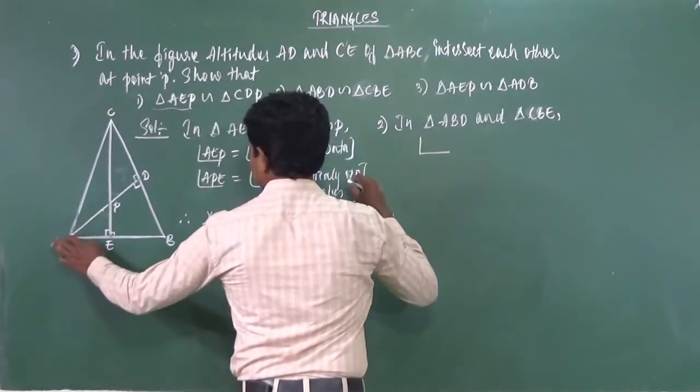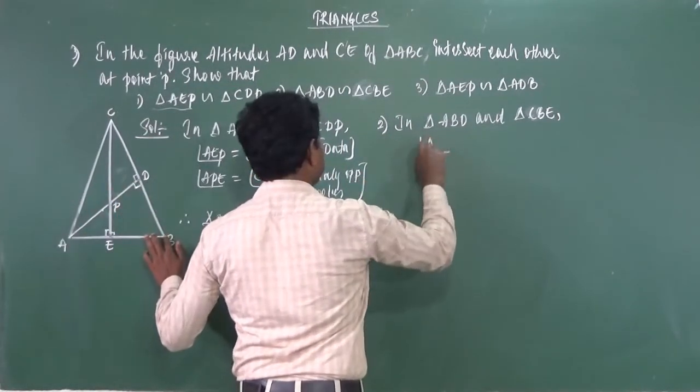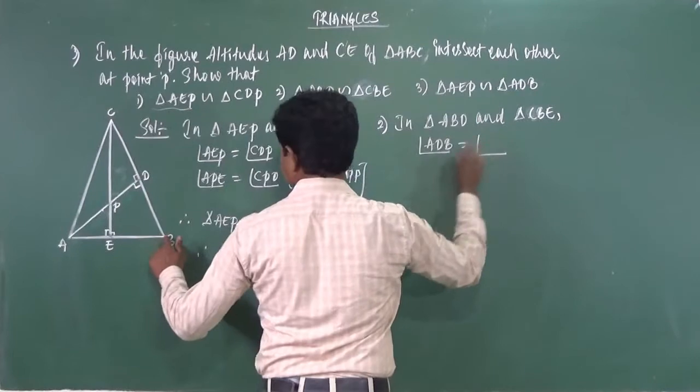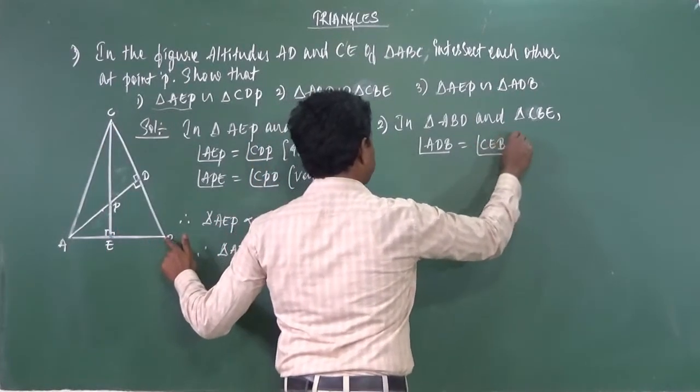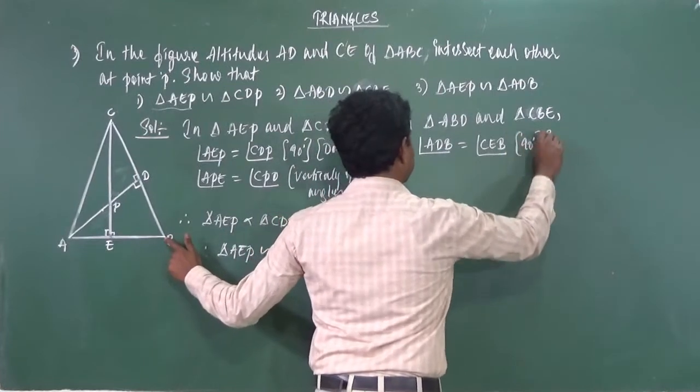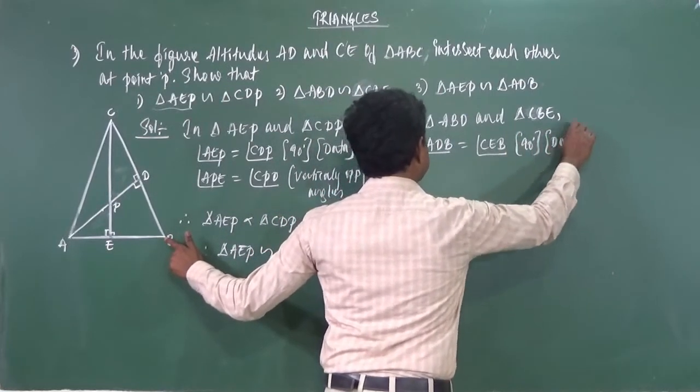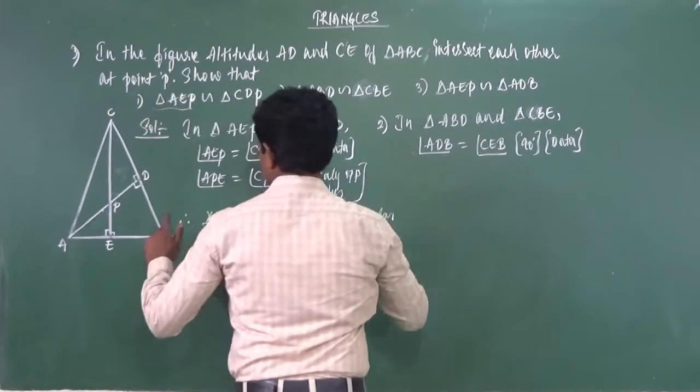So angle ADB is equal to angle CEB, 90 degrees according to the data. Right. So again another one.